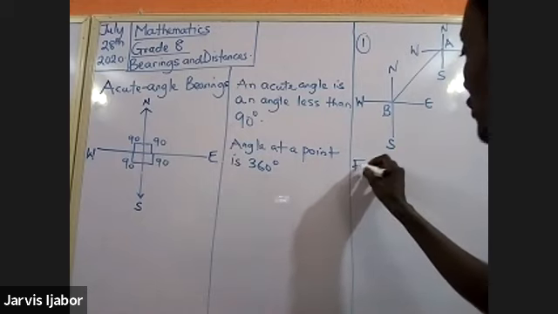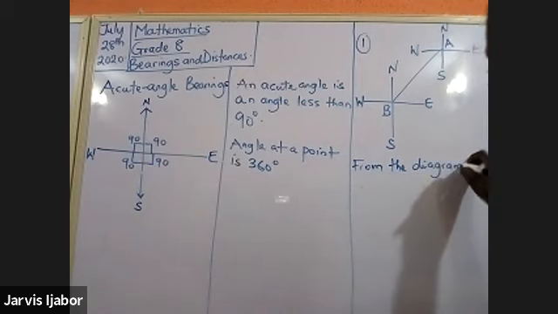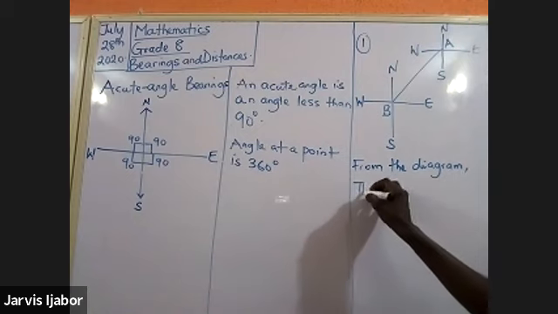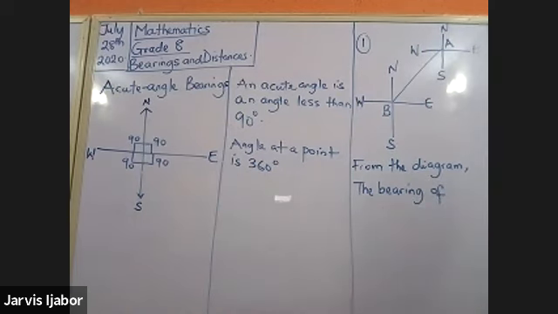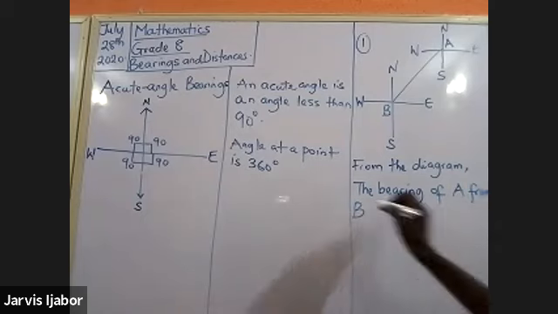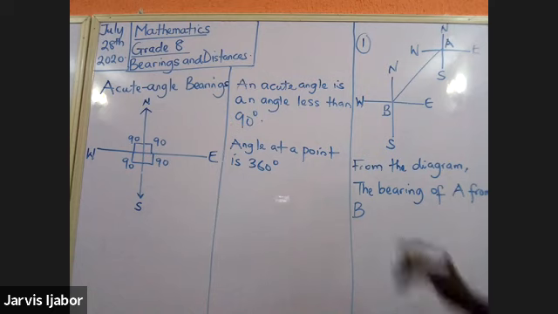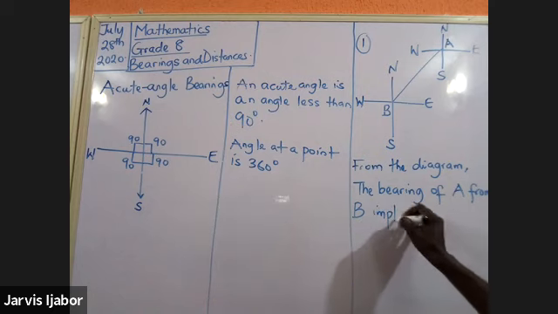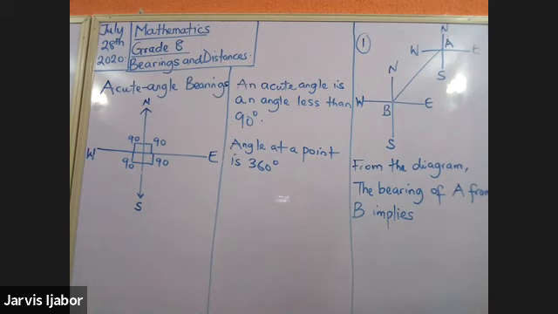So let me put another statement there. From the above diagram, the bearing of A from B implies what?